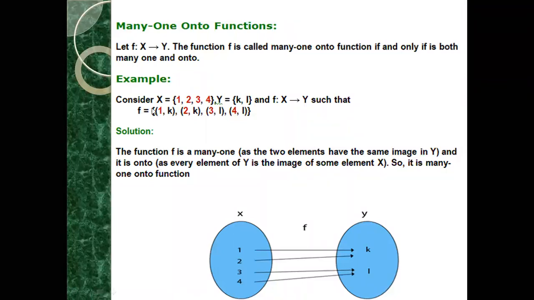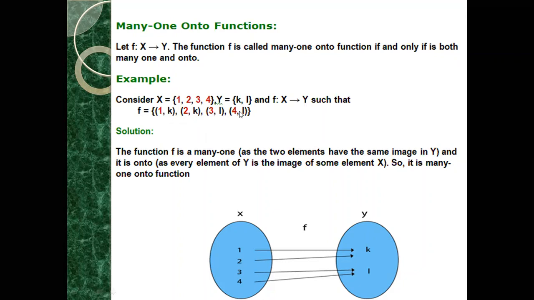In this example, X = {1, 2, 3, 4}, Y = {k, l}, and the mapping f maps X to Y such that f = {(1, k), (2, k), (3, l), (4, l)}. So 1 is related to k, 2 is related to k. Here 1 and 2 are different elements but their image is the same. 3 and 4 are different elements but their image is the same.